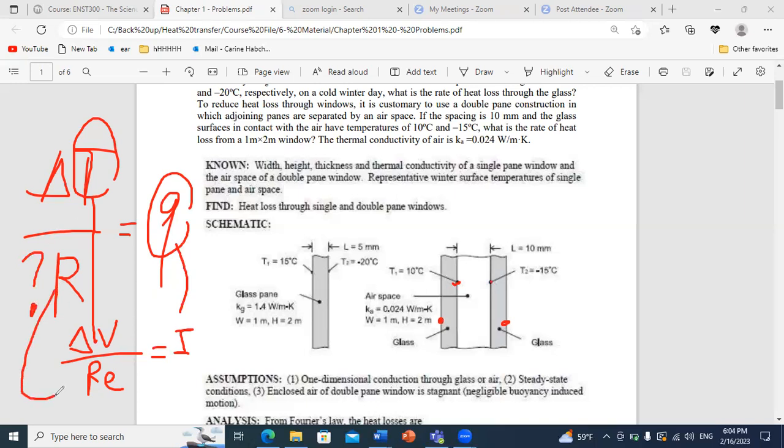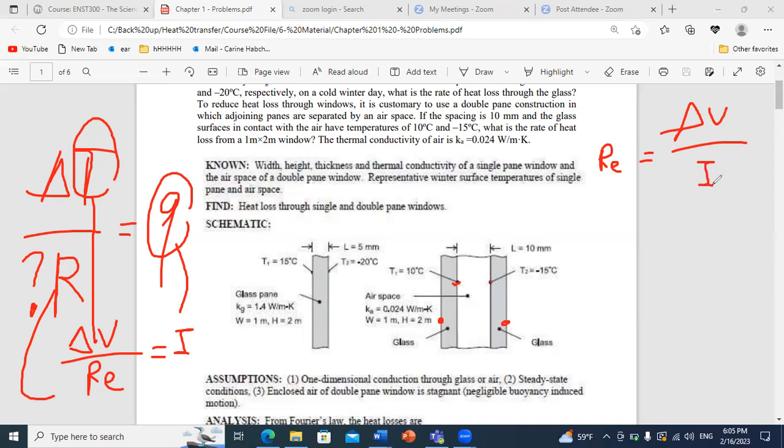To find the expression of the equivalent resistance, what we should do is compare terms. We know how we define resistance in electricity: the electric resistance is delta V over I.